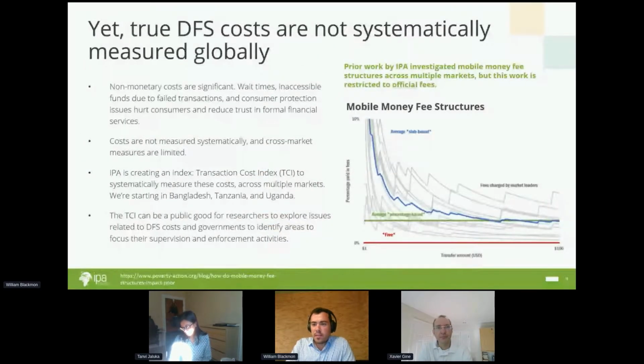So despite the importance of cost in determining the usage of mobile money, the true cost of using these services is not to date measured in any really systematic way. One example, the graph on the right, shows work by IPA, where we collected and analyzed official fees.